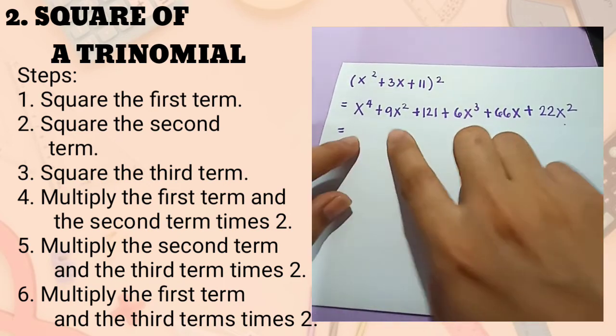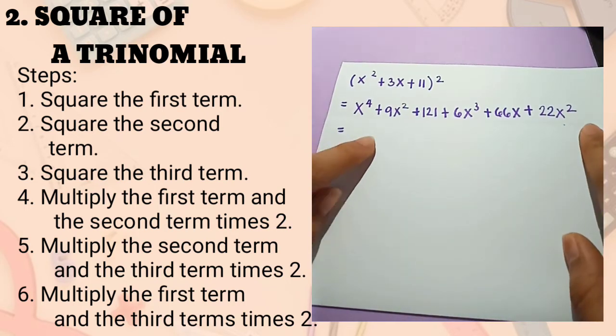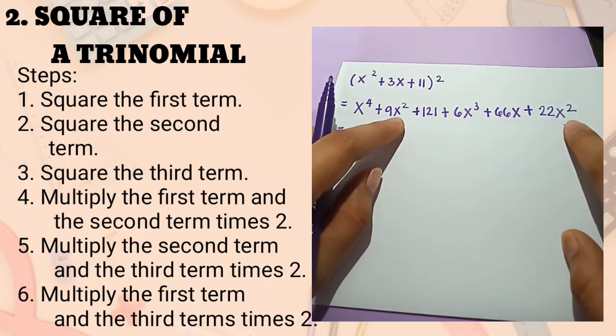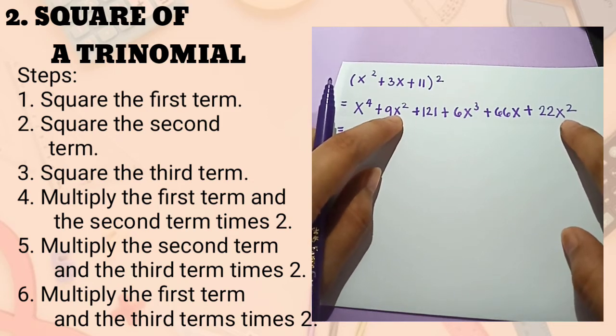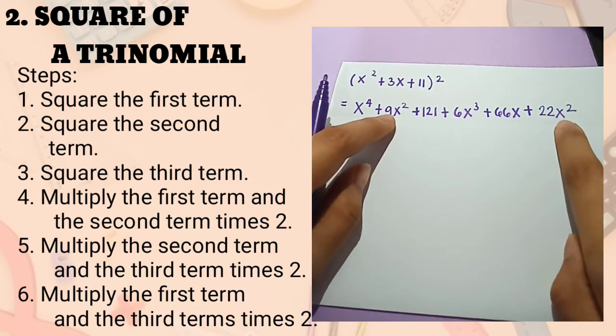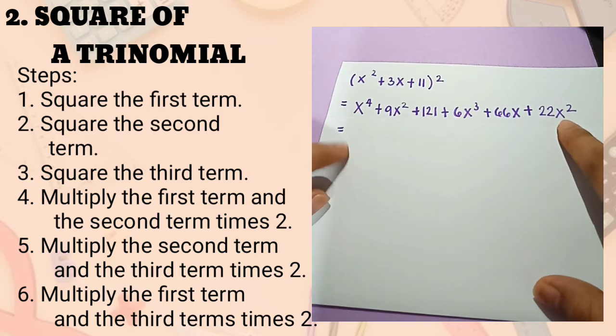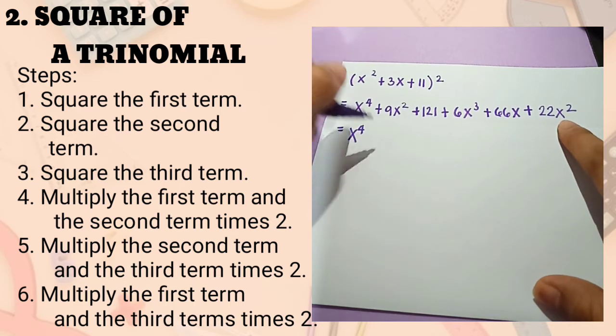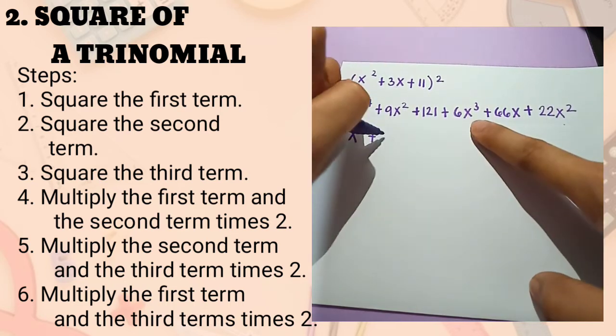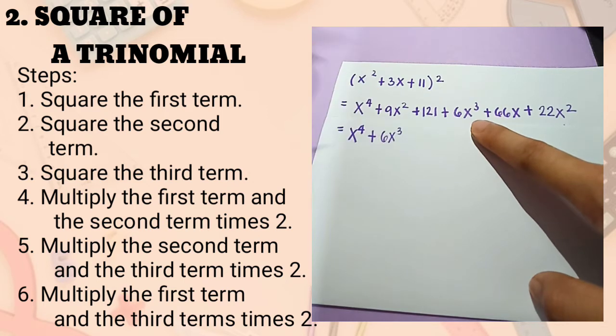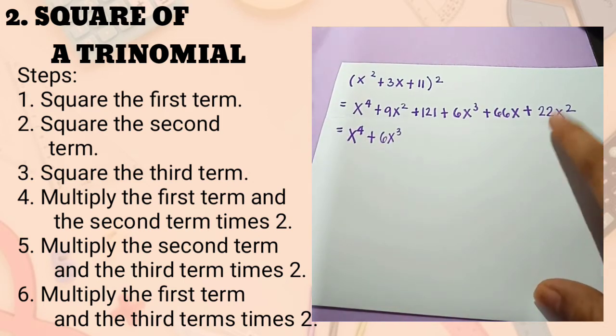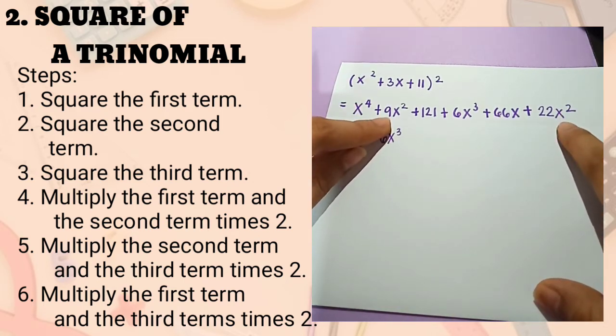So, kung mapapansin nyo, mayroong parehas ang exponent. So, ibig sabihin, i-combine natin yung parehas ang term. Ayan. So, sulat muna natin yung pinakamataas na terms. Okay, so x to the fourth power plus yung 6x cubed plus ito, pagko-combine na natin.